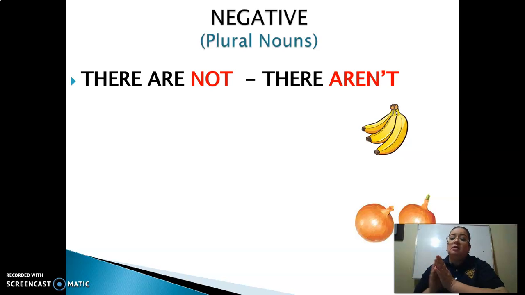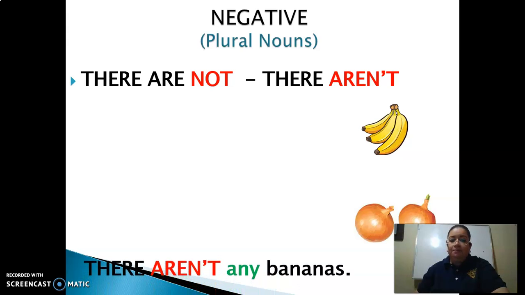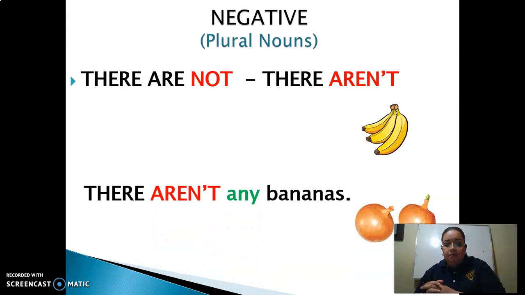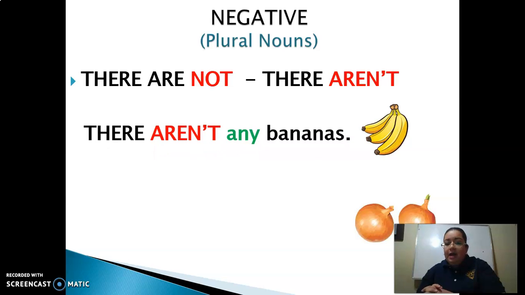Remember, we can use the full form, there are not, or we can use the contracted form, there aren't. It's exactly the same, yes? And then we have, Mom, there aren't any bananas. There aren't any bananas left on the counter, Mom. There aren't any. We don't have. We ran out of bananas.